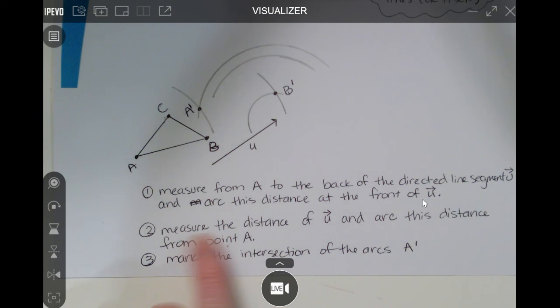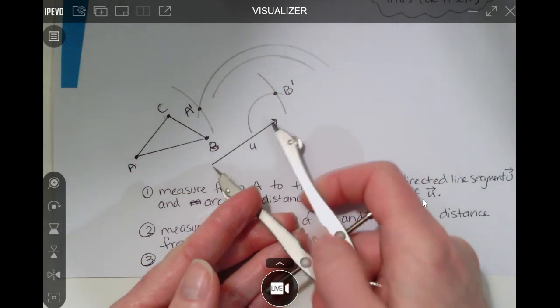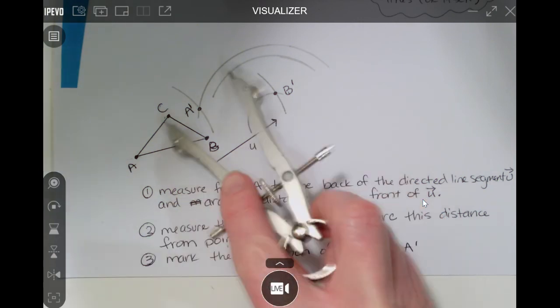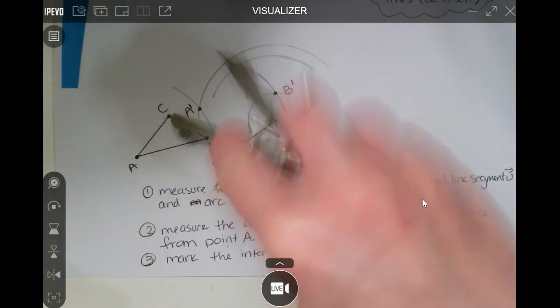So step 2, measure the distance of my directed line segment U and arc this distance from point C. So I'm going to measure how long U is from the back to the front arrow. And I'm going to put my pointer on C, and I'm going to mark this arc.